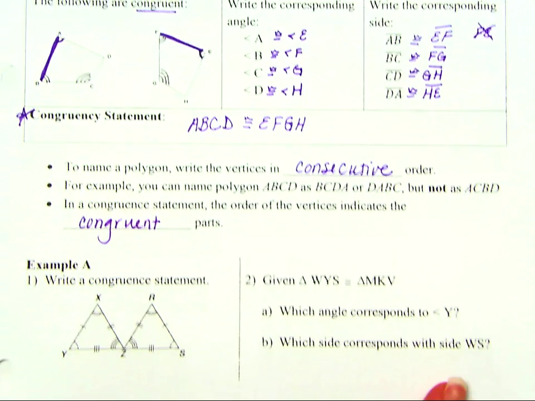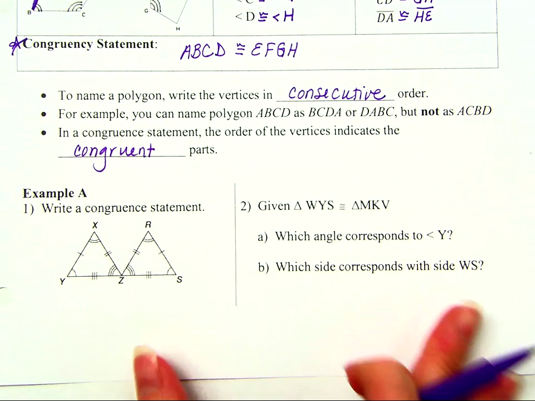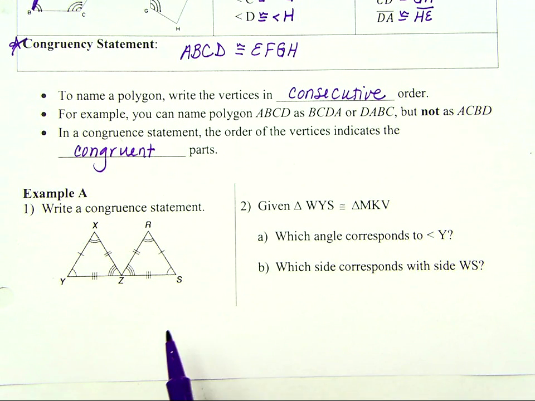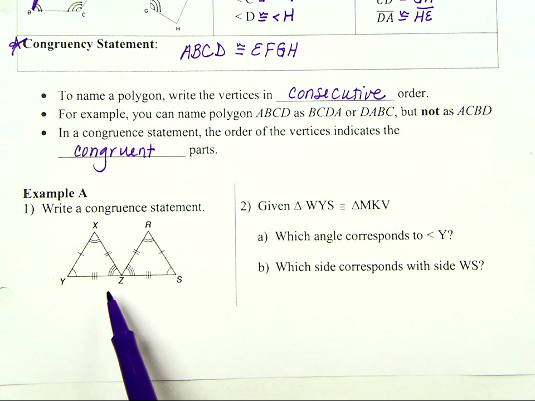As I look down below at example A, I can see that I have some congruent triangles. My congruent triangles have three sets of congruent sides and three sets of congruent angles, and they're asking me to write a congruent statement. It does not tell me which letter I have to start with, so that may vary.